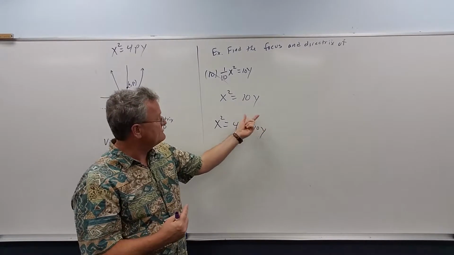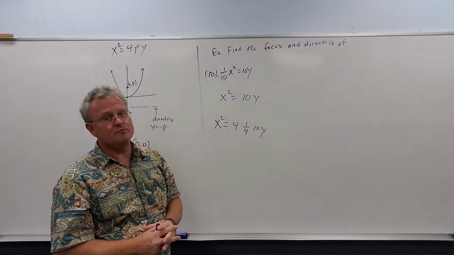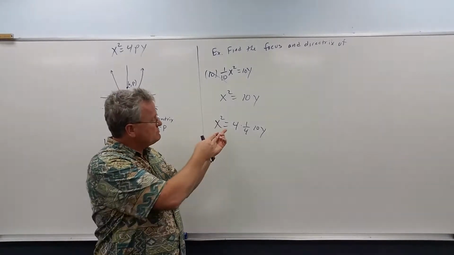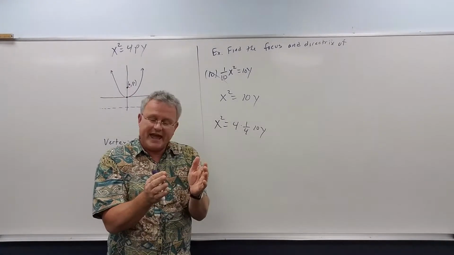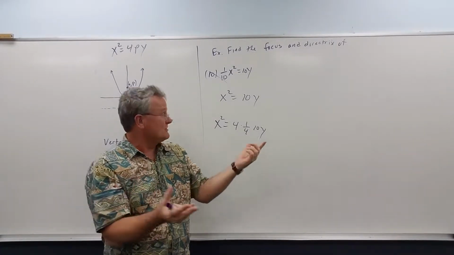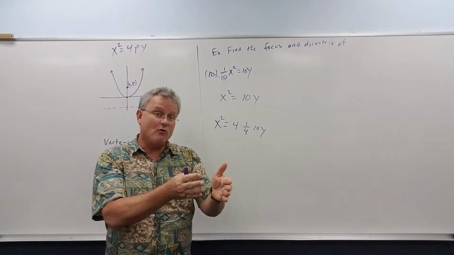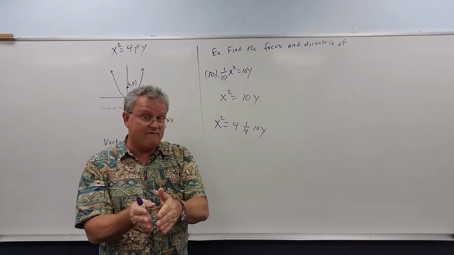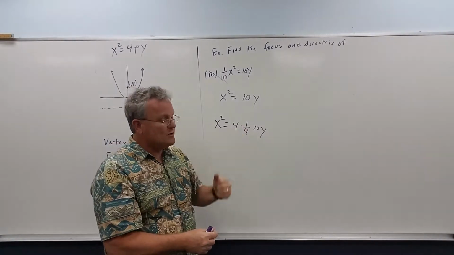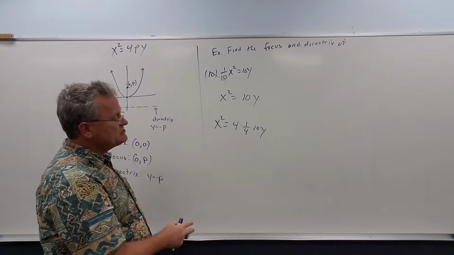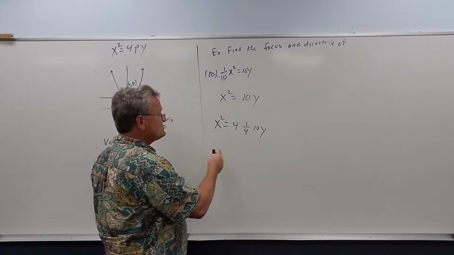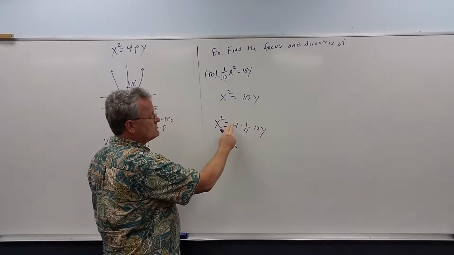And 1 times 10y is the same as 10y. Yeah? So I just add a 4. I can't just add a 4 because that multiplies the whole thing by 4. But if I multiply by 4 and then multiply by 1/4, that's equivalent to multiplying by 1. It doesn't change it.